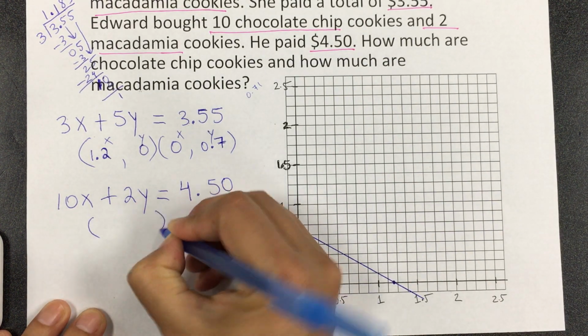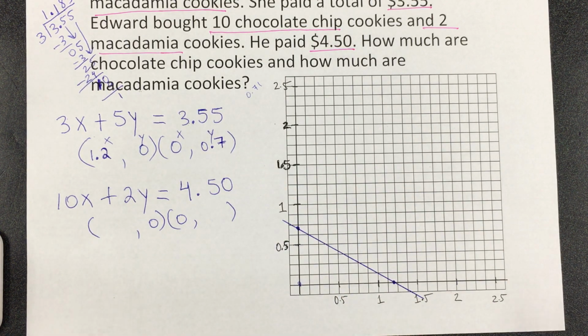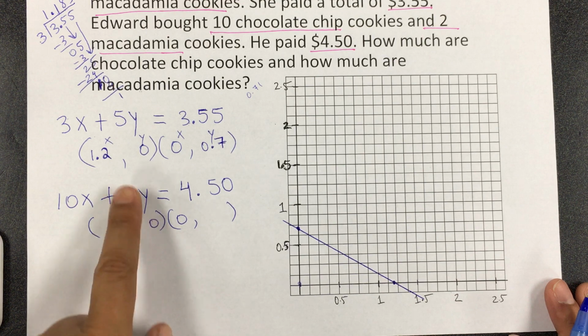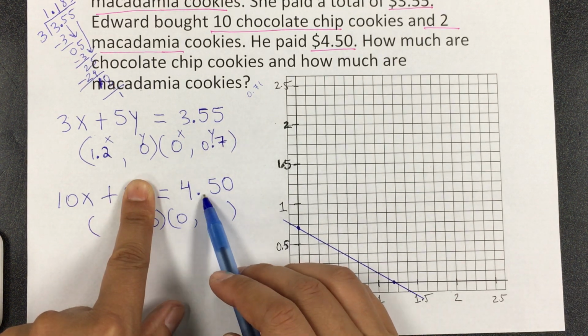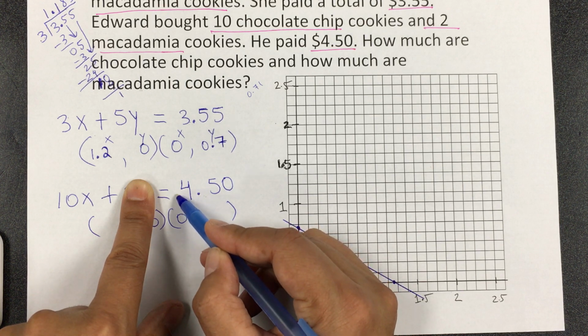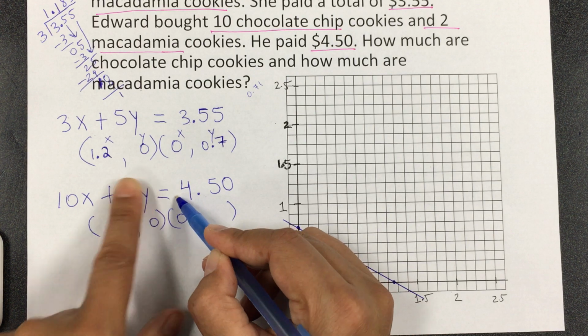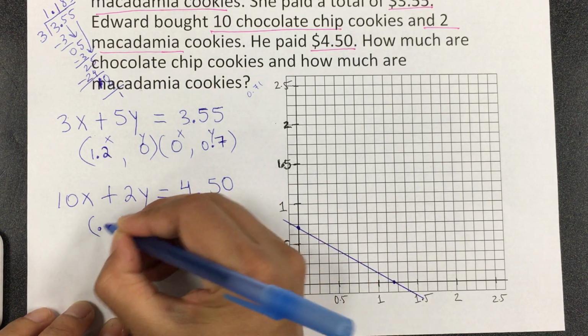For the next one, I do my intercepts. So if y is 0, 4.50 divided by 10, all I do when I'm dividing or multiplying by 10 is just move the decimal. It's 1 space, so it's going to be 0.45.